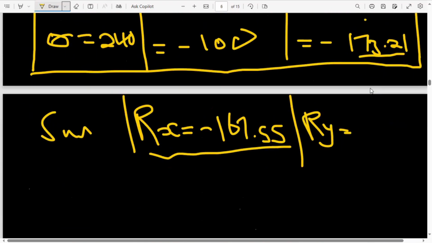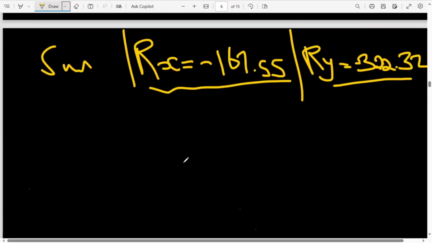My calculator is saying I'm getting minus 322.32. So we now have everything we need to find the resultant and the direction. And we said the direction is just the angle that is read from the positive x-axis.